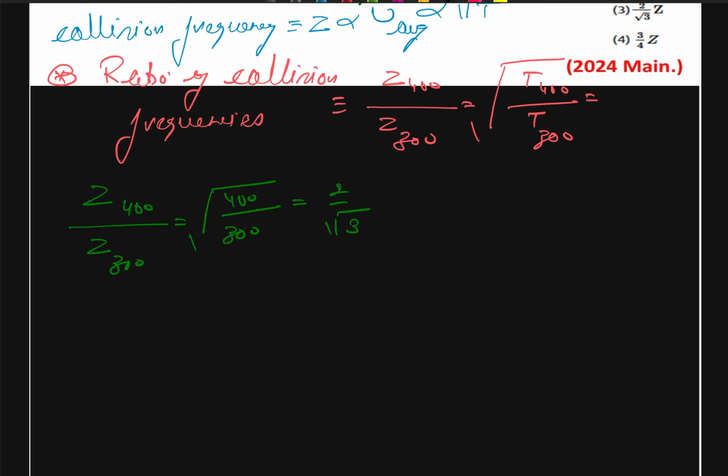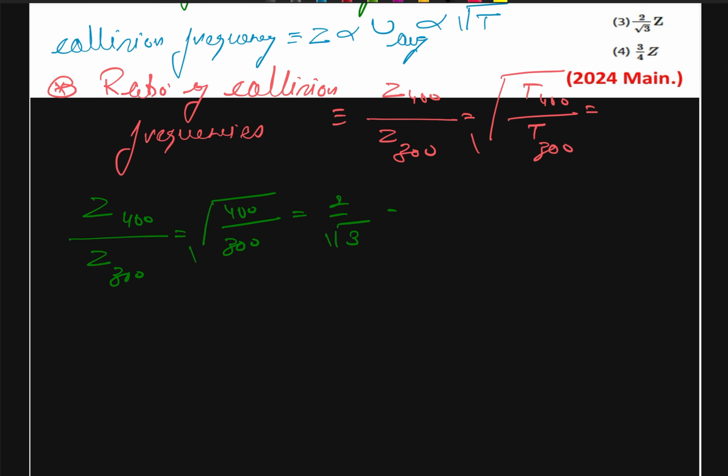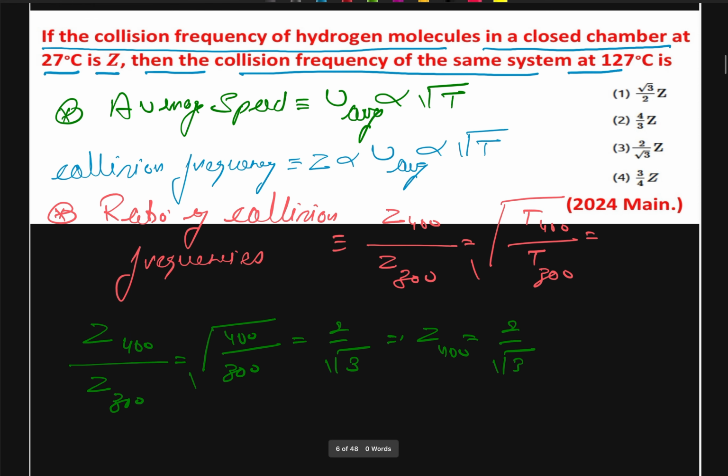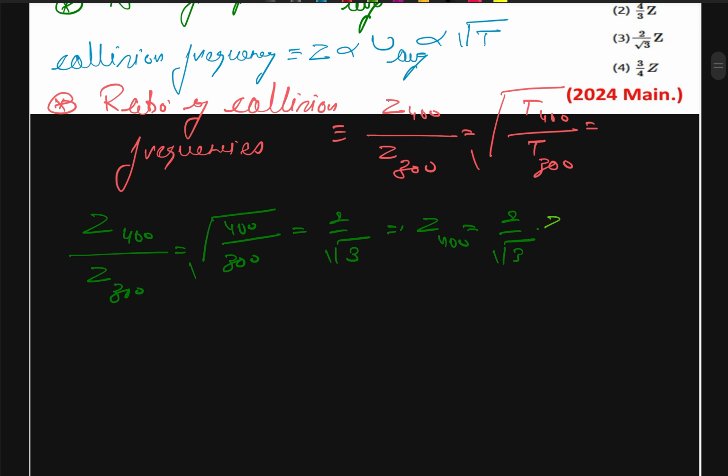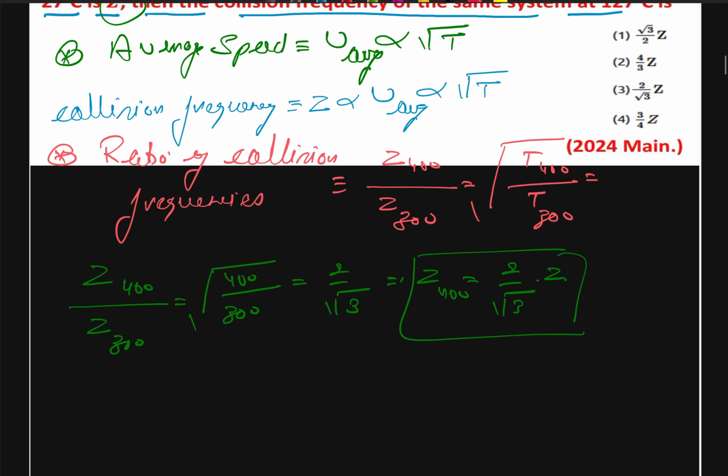Therefore, Z of 400 will be equal to 2 by square root of 3 times Z of 300, and Z of 300 is equivalent to our Z. So we simply substitute it by Z. So this comes as option number 3 is correct.